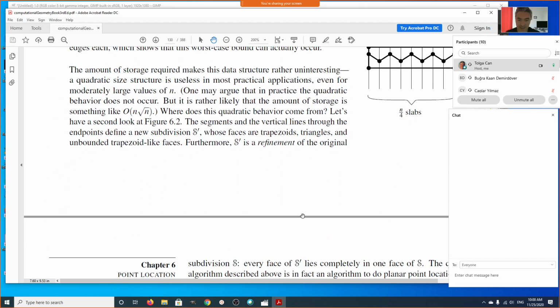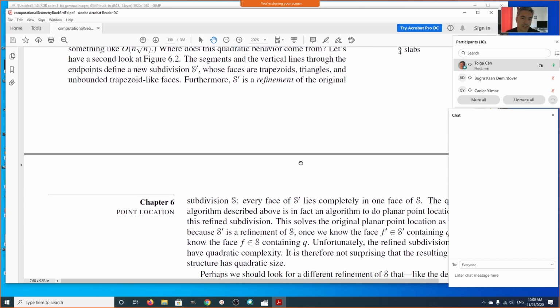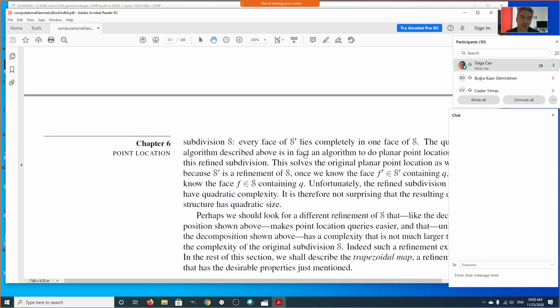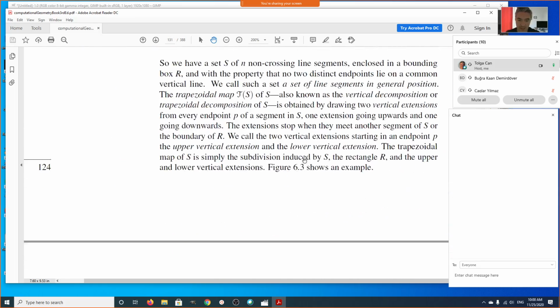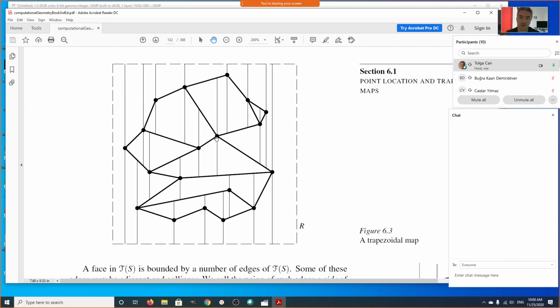The idea is doing these vertical extensions not all the way to infinity, but only until you hit an edge of the original planar subdivision. So we are not going to be dissecting any existing edge.